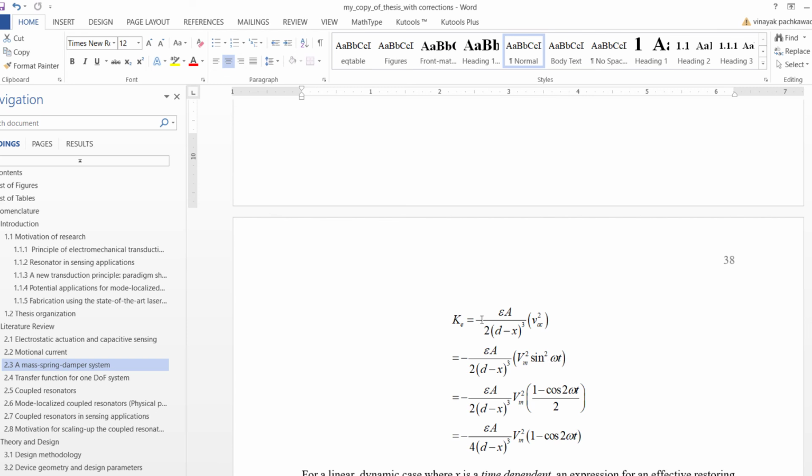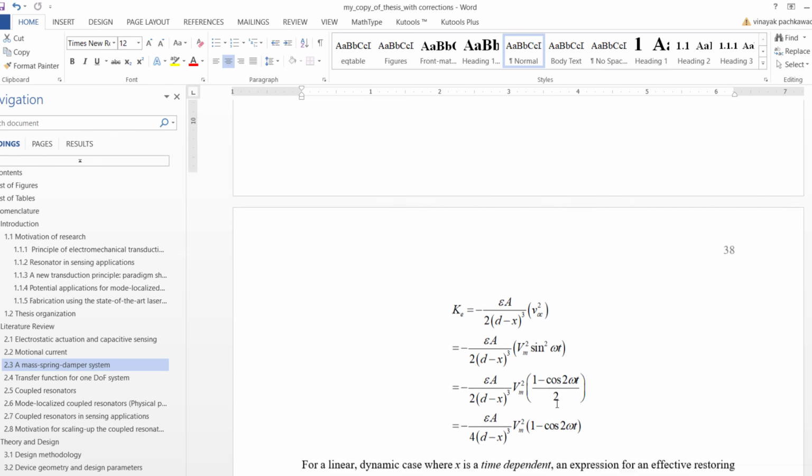Remember, the negative sign is still there, so we keep on solving this. This takes the form of minus epsilon A over 2 in bracket d minus x whole cube Vm square, and sine square omega t can be expanded as 1 minus cos 2 omega t over 2.